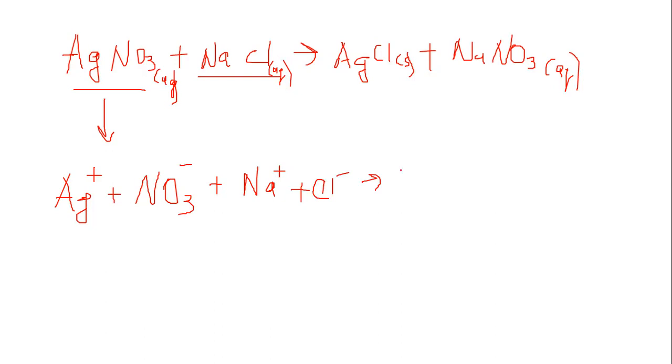Ag plus, then Cl minus, then Na plus, NO3 minus. Okay, so we wrote the ionic equation, right?